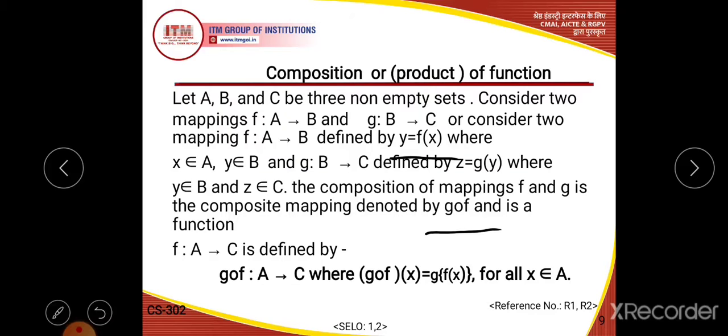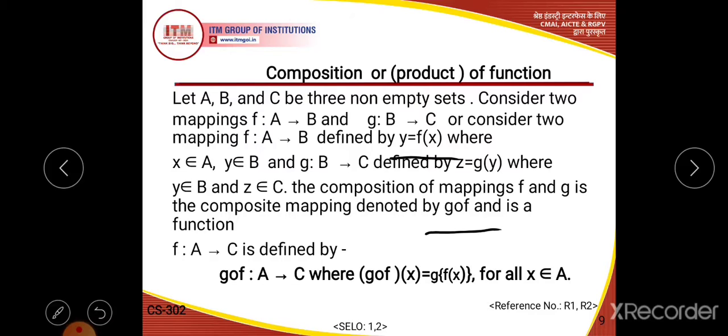In short, we have two mappings, f which is defined from set A to set B, and a second mapping g which is defined from set B to set C. From these two mappings, we form a new mapping g∘f, which is defined from A to C.